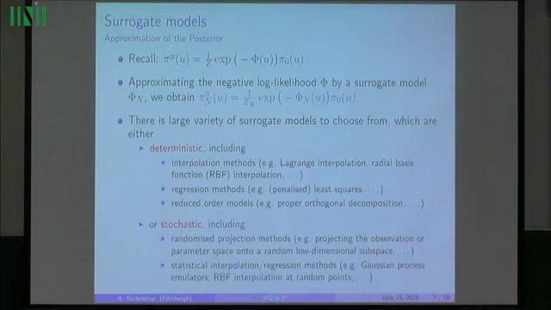If we look back at the definition of our approximate posterior, this is just the posterior density, our estimate of u given y, with the true mathematical model replaced by a surrogate. If this phi n is deterministic, then this is absolutely fine. If it's stochastic, then here you actually have a stochastic object.